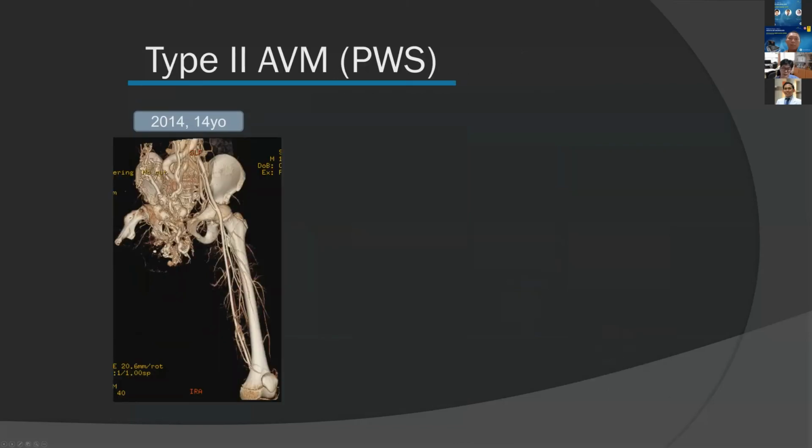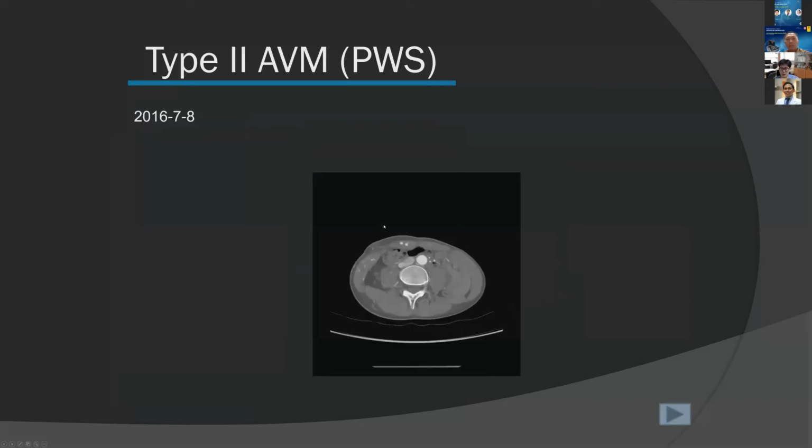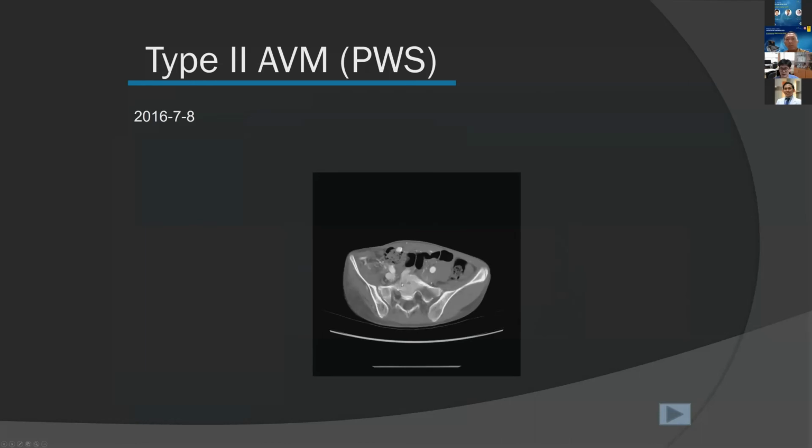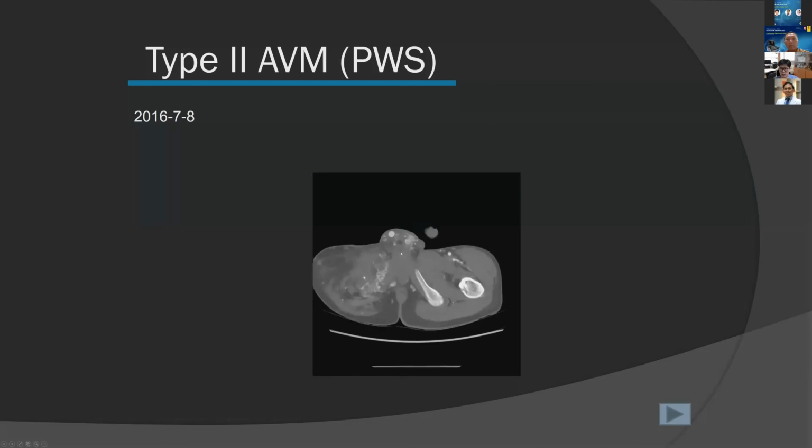4 years later, the pelvic AVM recurred, and then 3 sessions of transarterial glue and coil embolization were performed. However, in 2016, CT shows an enlarged draining vein and numerous feeding arteries, and you can also see the scrotal AVM.